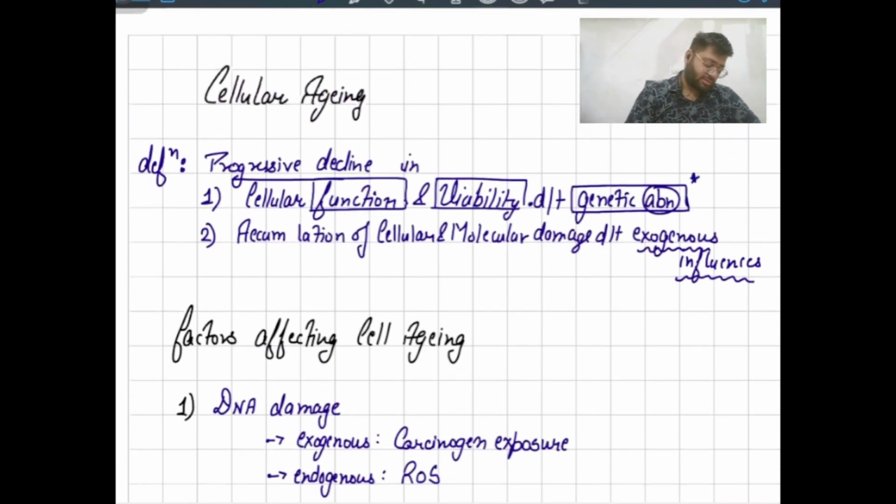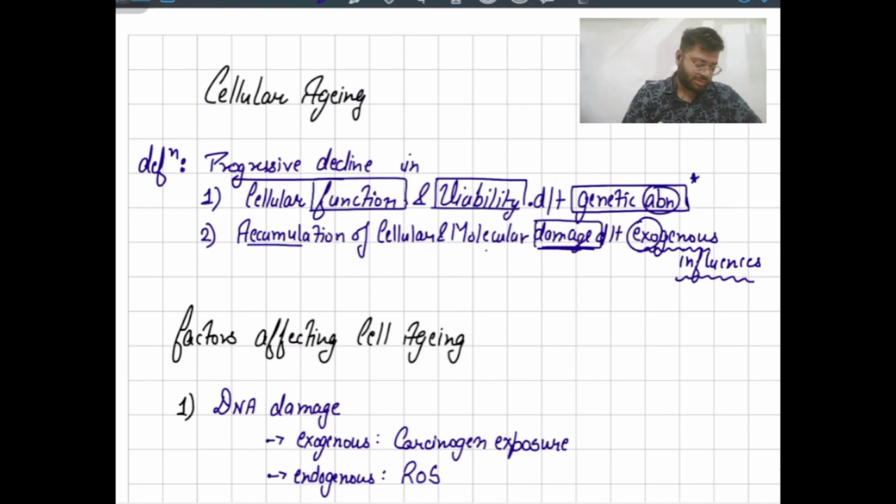Next, there is accumulation of cellular molecular damage. There is a lot of damage. If there is a lot of damage, the cell will age and then die. These are due to exogenous interference. Some exogenous products may cause damage when they accumulate in the cell, just like ROS, reactive oxygen species, or any kind of free radical.